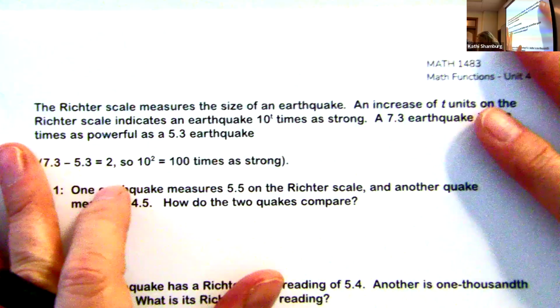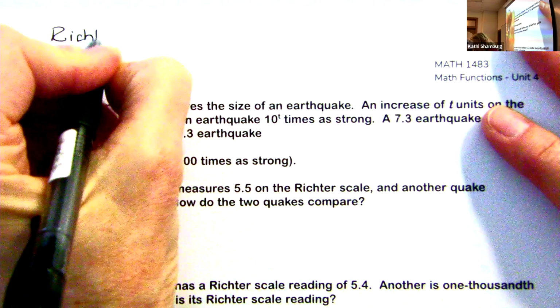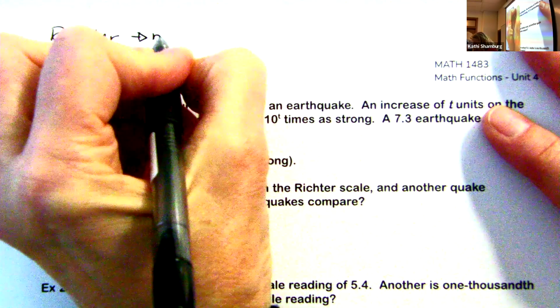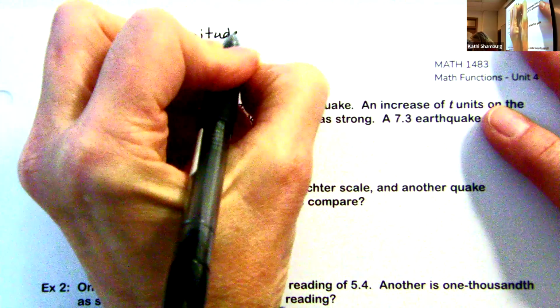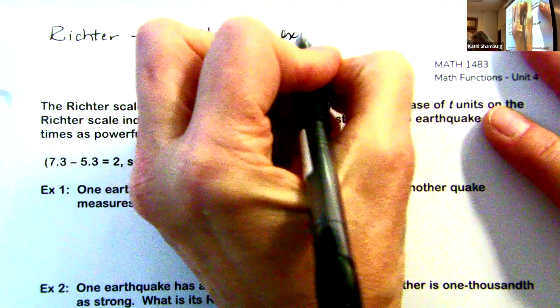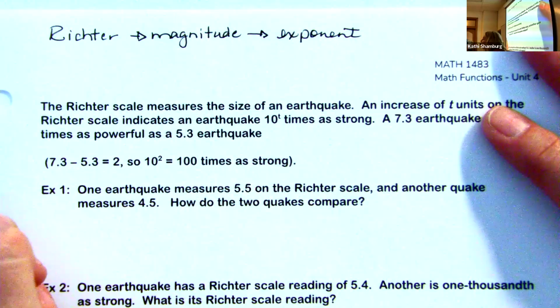Before we got into the problems we were doing, I wanted to go over that. What we learned from that picture is that on the Richter scale, your magnitude is actually referring to your exponent when we have a base of what?